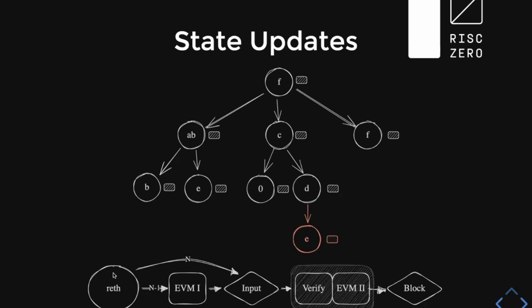So we have to ask a Reth node not only for the state at that particular n-1, but also to give us the proofs for all the relevant accounts, right? And then this local execution, as I said, logs all the accounts that are read from, but now it also records the accounts that are written, because those are the ones where we have to make sure that those state updates can be processed correctly.